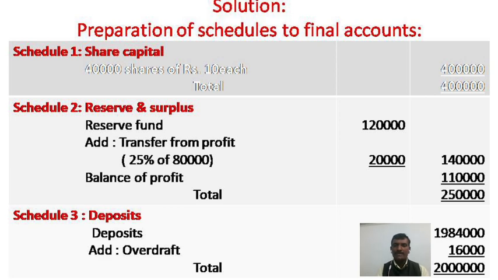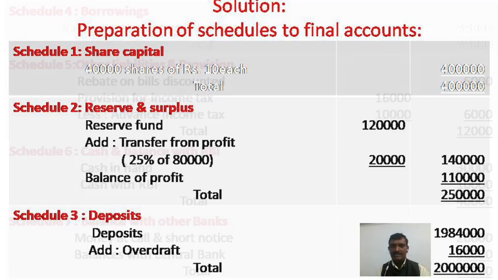The current year profit is 80,000, and on this 80,000 we have to charge 25%, which is transferred to the statutory reserve, rupees 20,000. Then we have a total reserve fund balance of rupees 1,40,000. To this we have to add the balance of profit as per the prepared profit and loss account, which is rupees 1,10,000. The total of these is rupees 2,50,000, taken to the balance sheet.